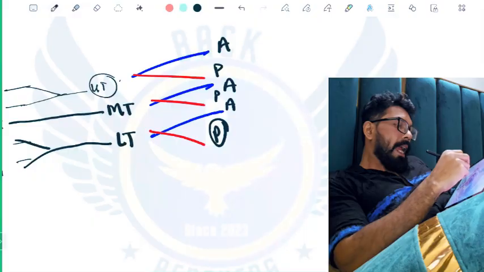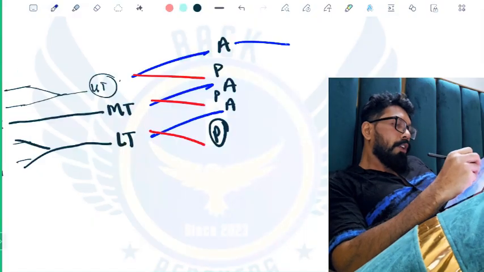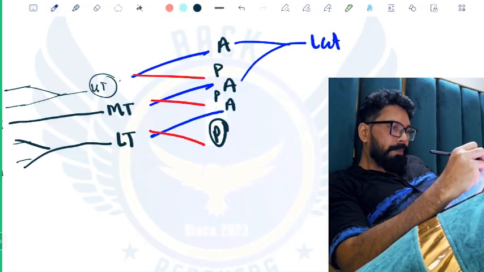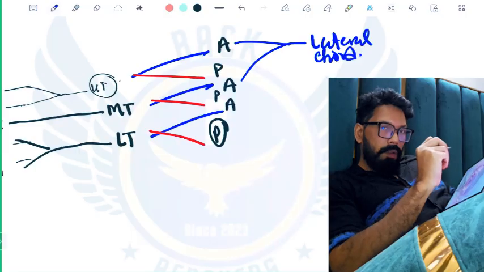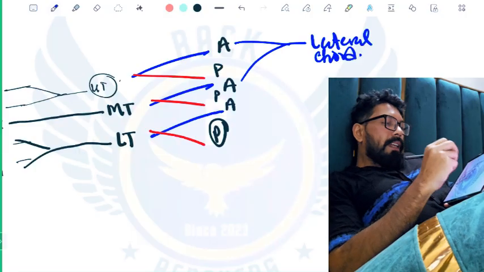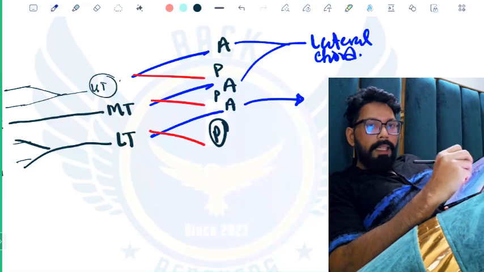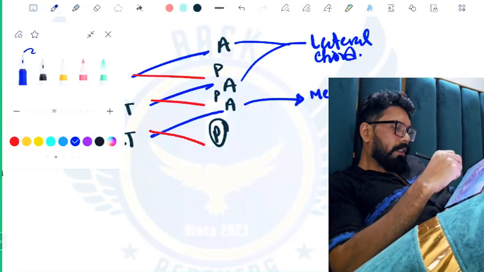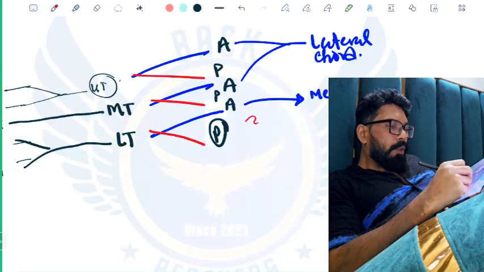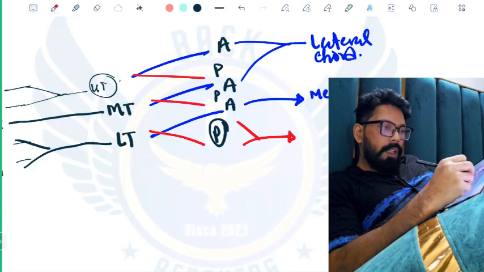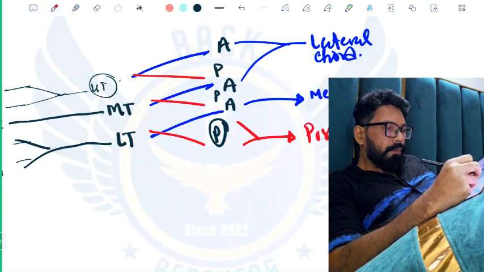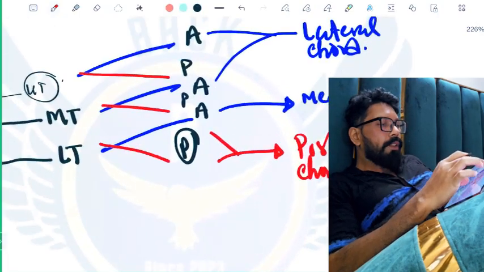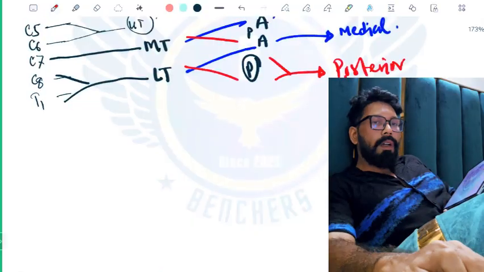Then the anterior from the lower trunk will make the medial cord, and all the posterior will make the posterior cord.